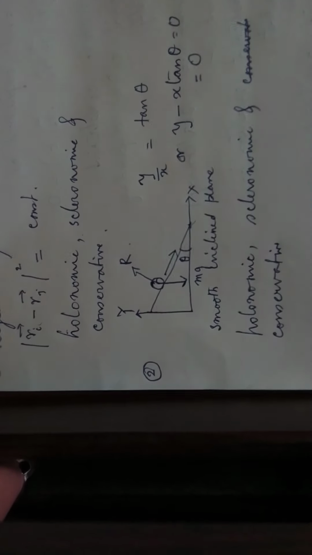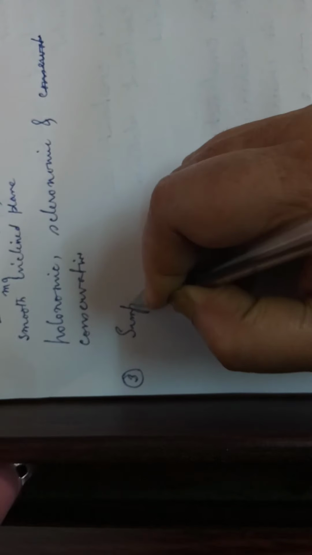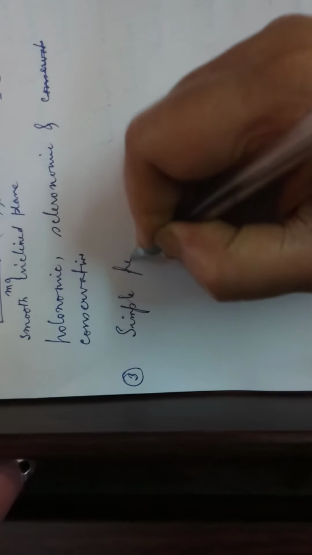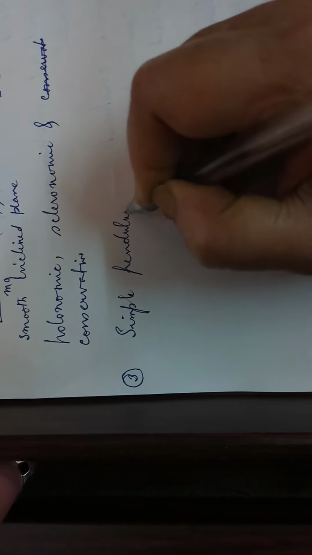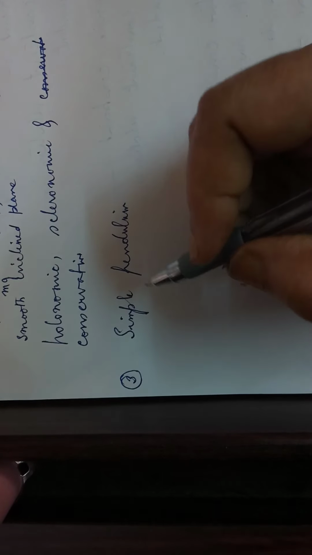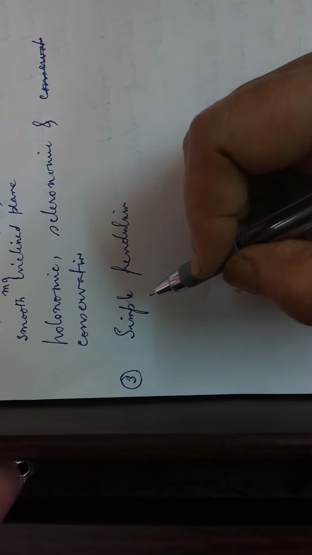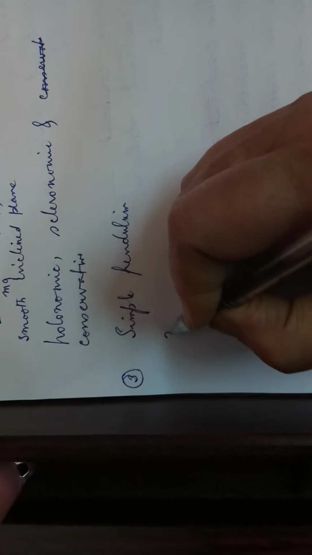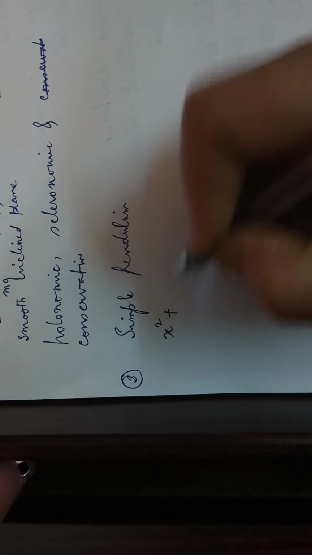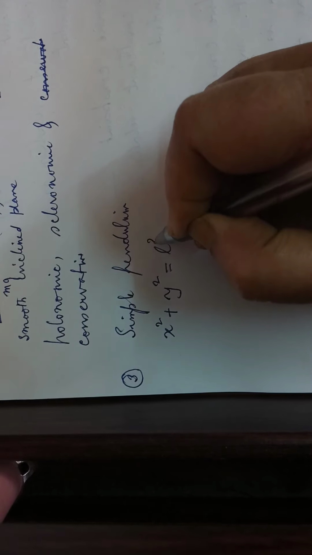Okay, suppose we take the example of a simple pendulum. What is the guiding equation for a simple pendulum, the constraint equation? How can we write it down? We had written it down already: x square plus y square equal to L square.